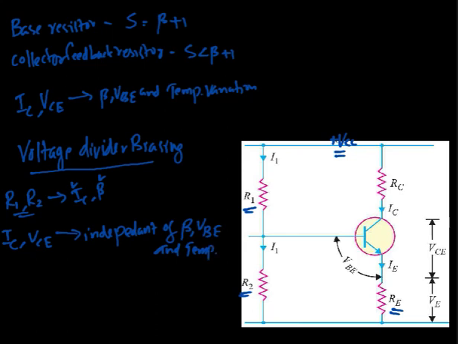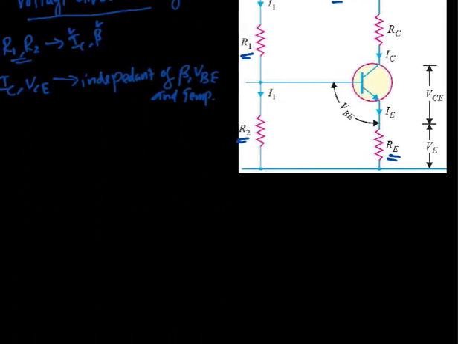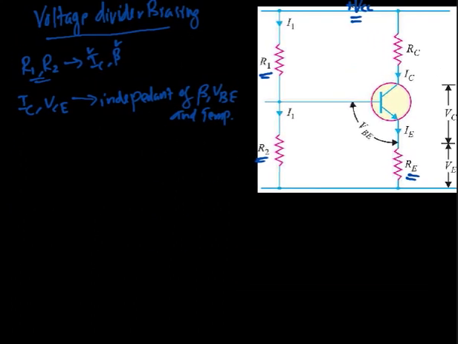So we first have to obtain the expressions for IC and VCE to show that they are independent of the transistor parameters like beta and VBE, and also independent of temperature. For that, we will consider the input circuit first, to find IC.